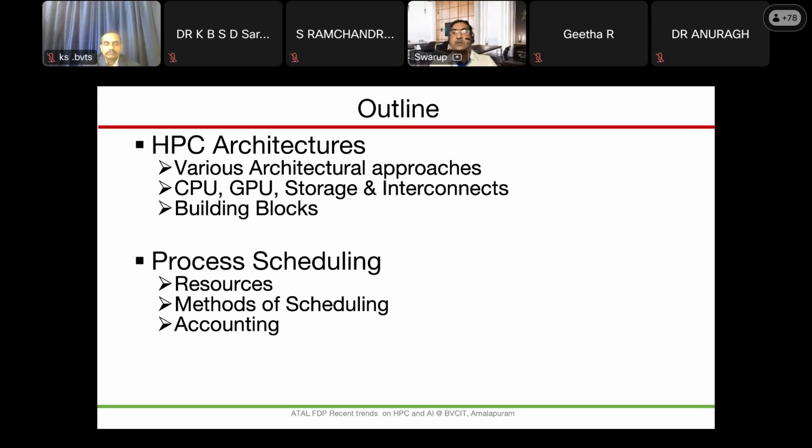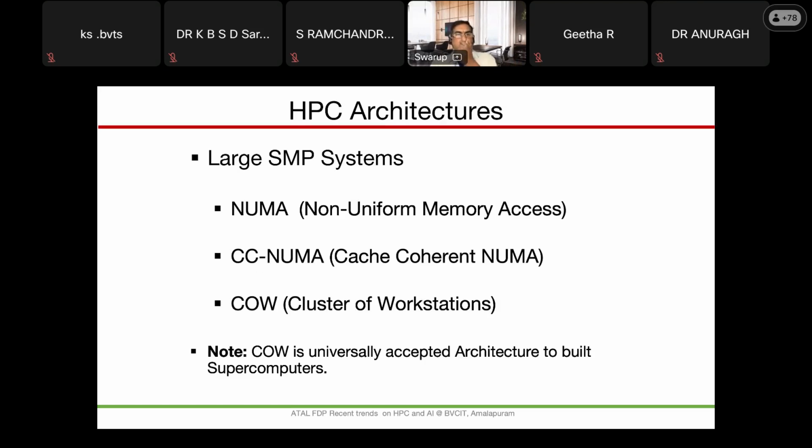Then we'll touch upon the key building blocks of any HPC system, followed by process scheduling, the resources, the methods of scheduling, and the accounting.